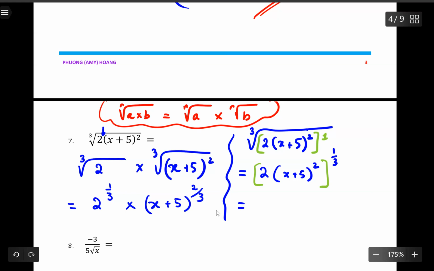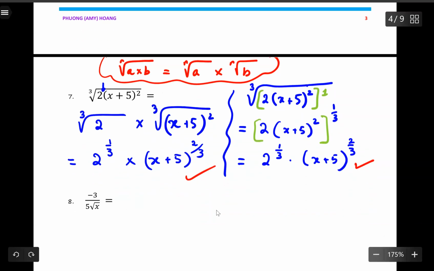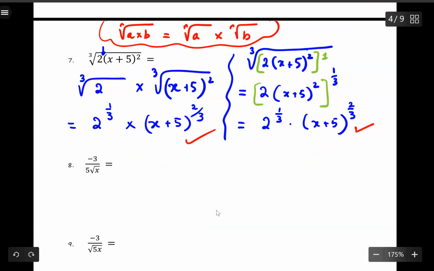Then you can apply 2 raised to the exponent 1 over 3 times x plus 5, where 2 times 1/3 will be 2 over 3. And then you have the same thing to work with. So there are a few steps that you can do in this case, and they all end up just the same. The answer should be the same in the way that we analyze the exponent and the radicals.